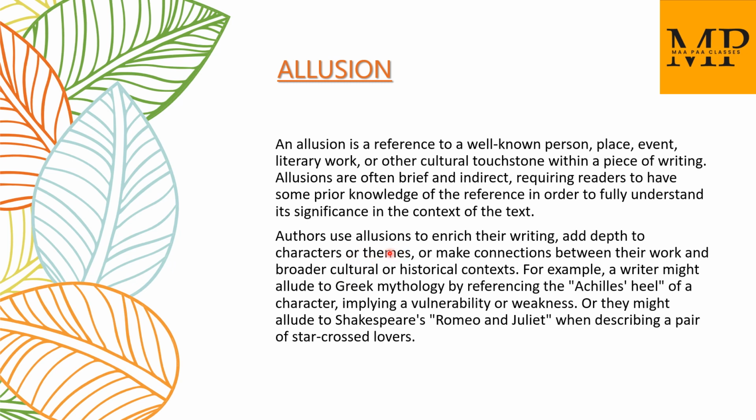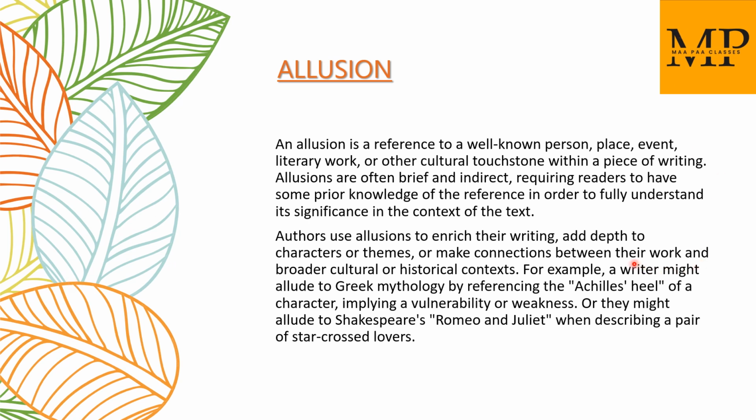Authors usually use allusions to enrich their writing, add depth to their characters or themes, or make connections between their work and broader cultural or historical contexts. Let's see an example; it will be easier to understand.